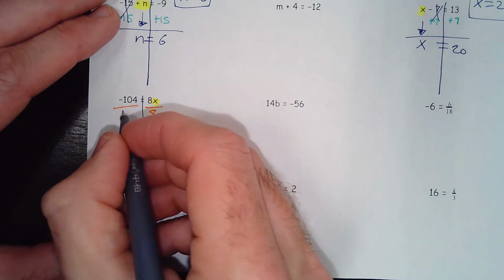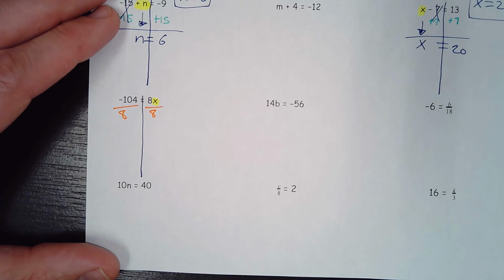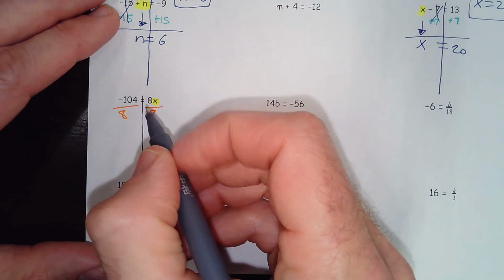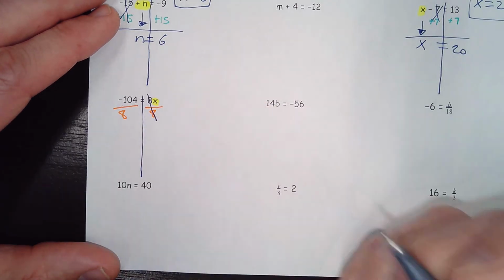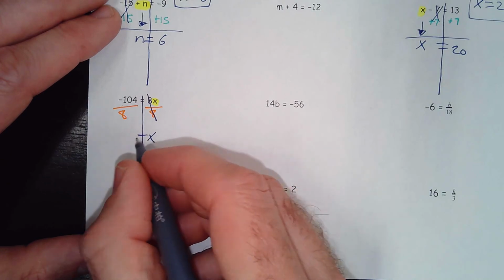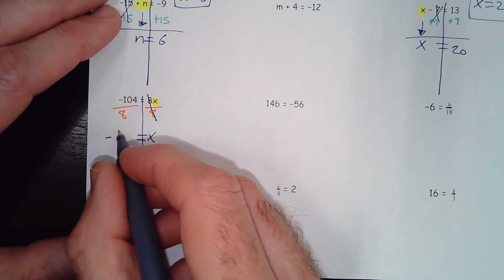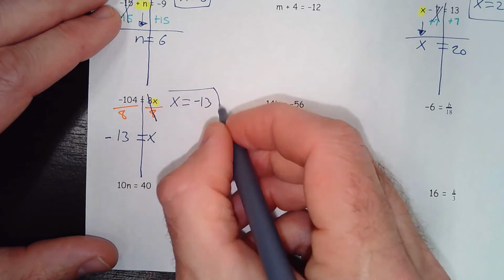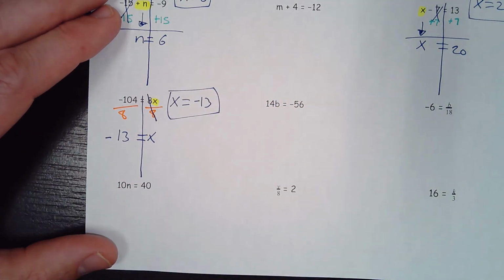Whatever I do to one side, make sure I do to the other side. When I do that, this cancels out or makes a giant 1 here. I'm left with 1x, or just x, equals -13. My solution, x equals -13.